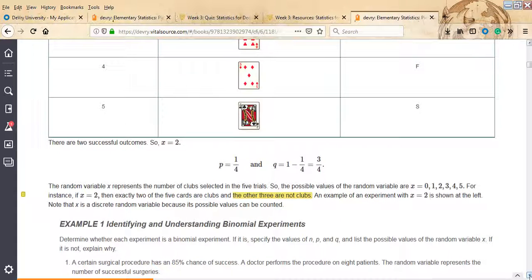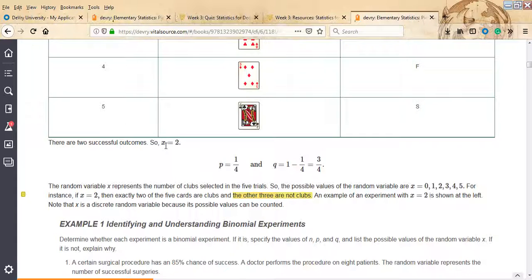And so here this becomes a little bit confusing. So we have in this trial here, 2 successful outcomes. So x equals 2. Remember that the x could have been 0, could have been 1, 2, 3, or 4, or 5.